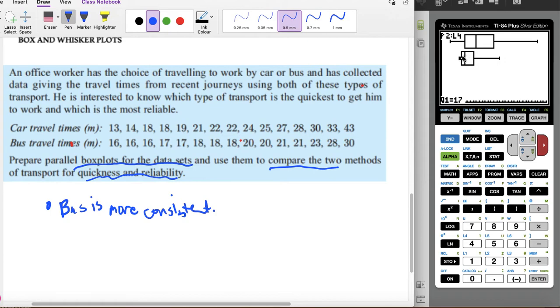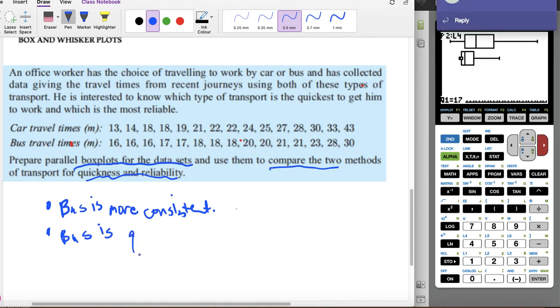Now we can also look at something like the median. If you look at the medians between these two, the median of the bus is actually lower, right? Because this is the median here and that's the median there. So the bus is also quicker on average.